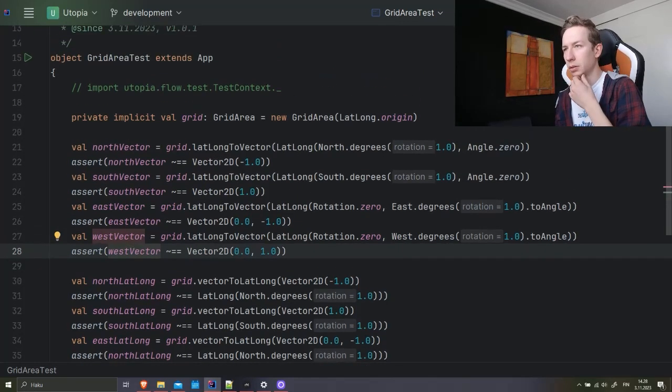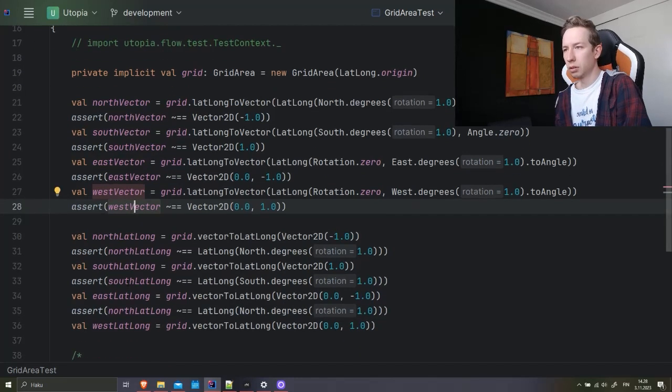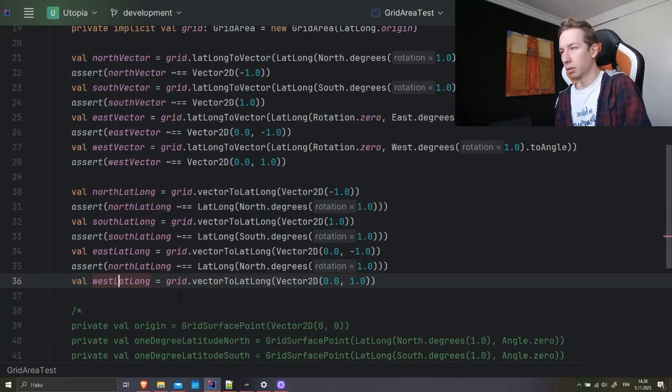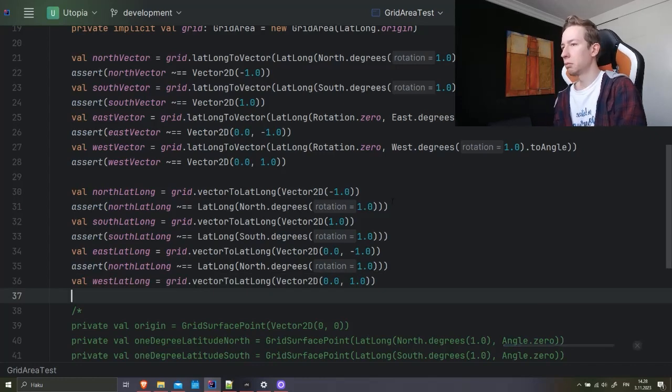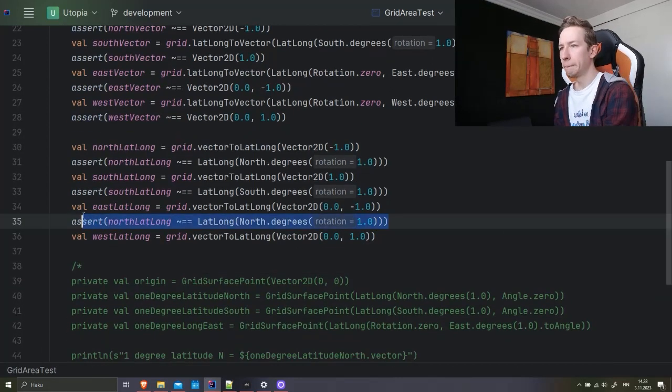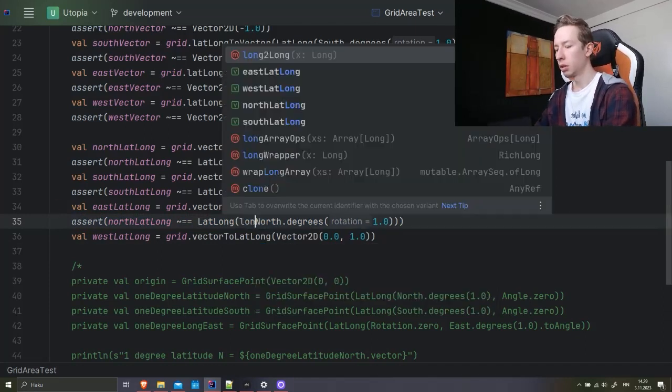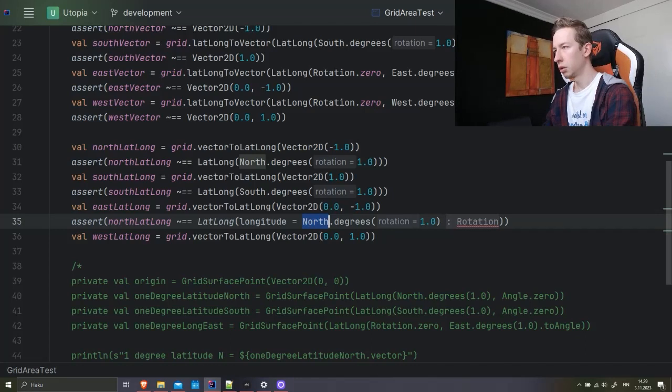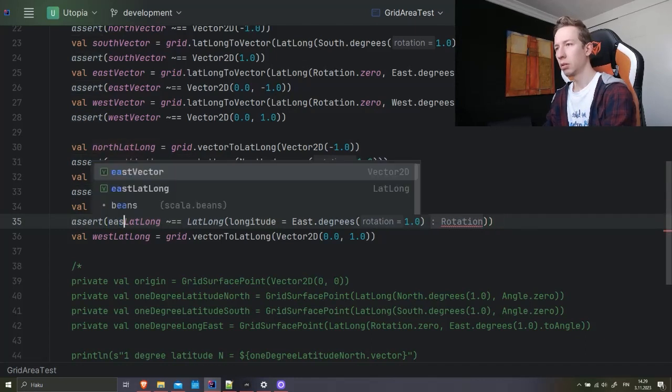Yeah, this. Well, maybe it's. Oh, yeah, we're missing one assertion here. So it's not north, first of all. Longitude equals east degrees. Then we have east here.